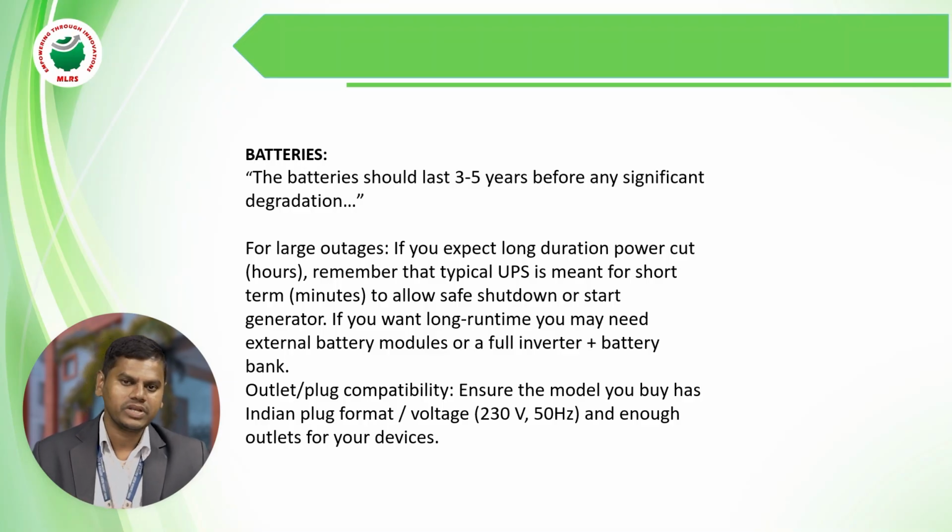For large outages, if you expect long-duration power cut hours, remember that a typical UPS is meant for short term, not seconds but minutes, to allow safe shutdown or to start a generator. If you want a long run time, you may need external battery modules or a full inverter plus battery bank.